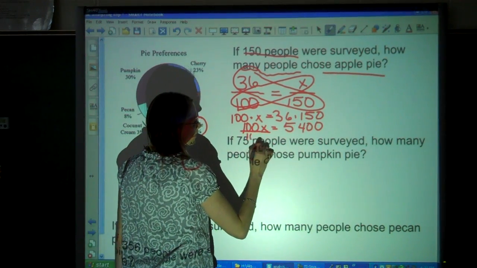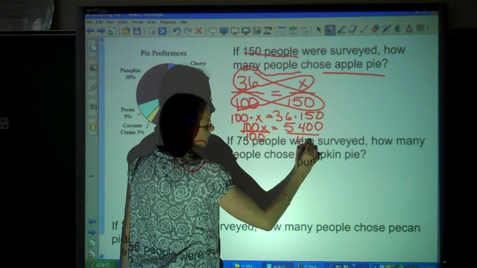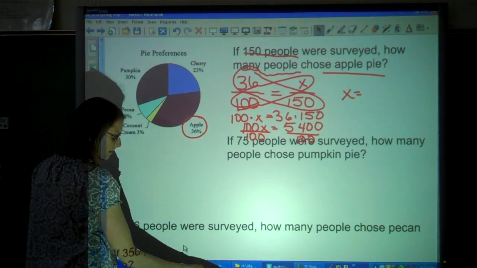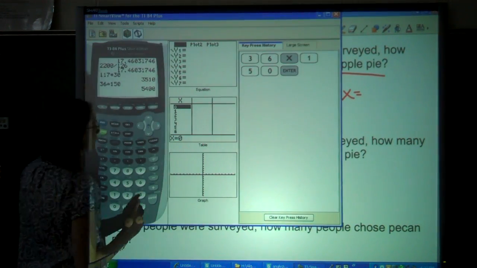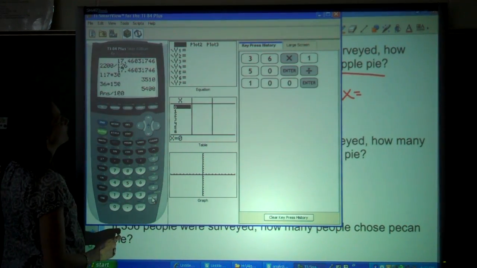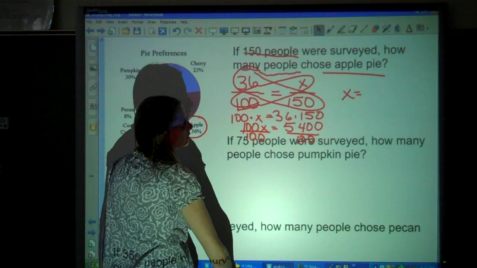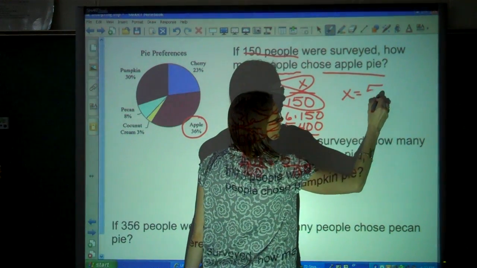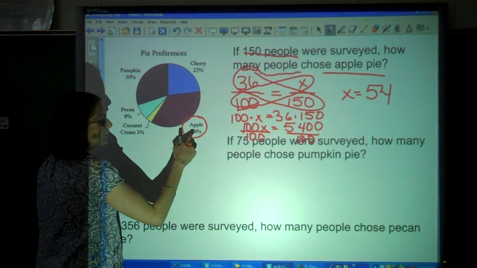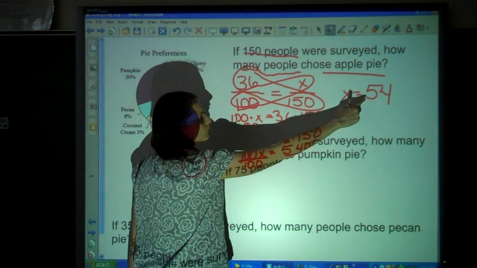Divide both sides by 100. And x equals 5,400 divided by 100, 54. So if there were 150 people, 36% of those are 54.